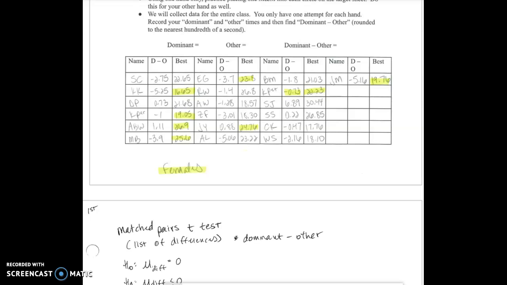We looked at the dominant hand minus the other hand with the expectation that the dominant hand would be the faster of the two hands. So it really wasn't a left versus right when we were done with it. That was just how we discussed it at the beginning to explain why your two hands would end up being a matched pair. Everyone highlighted in yellow is a female. We did split it and look at males versus females for a two sample test after the fact.